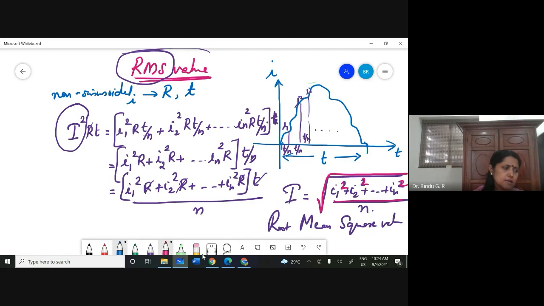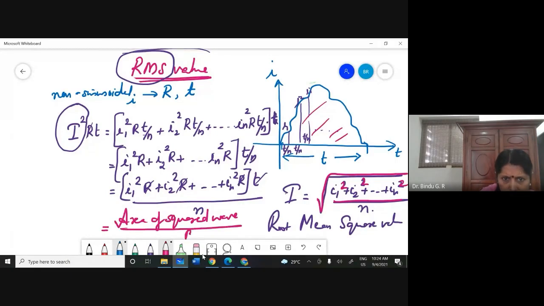This is also the same as, when it comes to a waveform, we have indirectly taken its area: the area of the squared wave divided by the base length. If you remember, in the previous case, to find out the average value, you took the area of the wave, half cycle or full cycle as the case may be, and divided it by the base length.